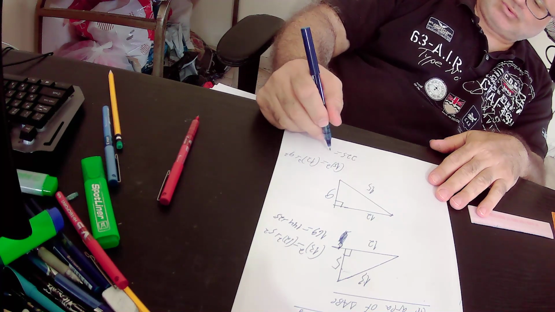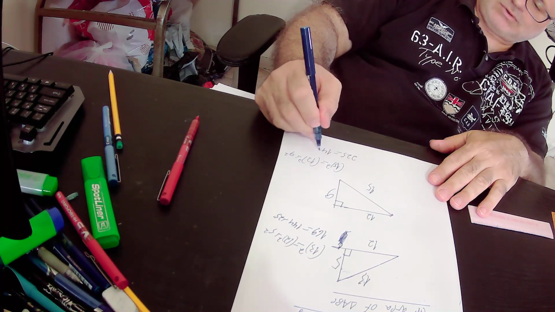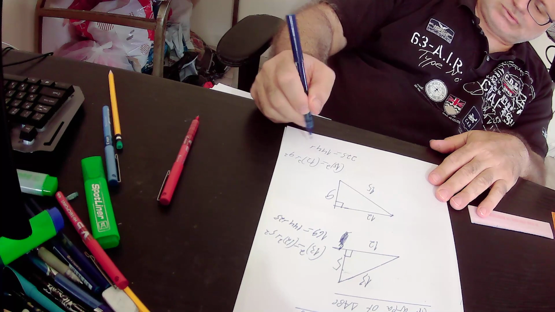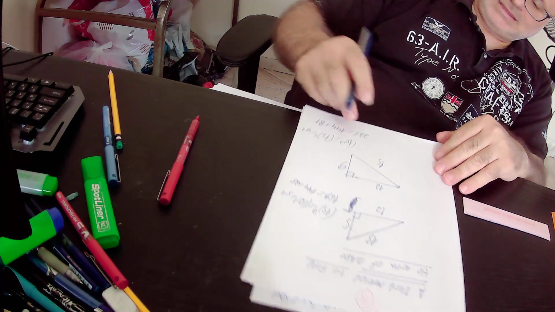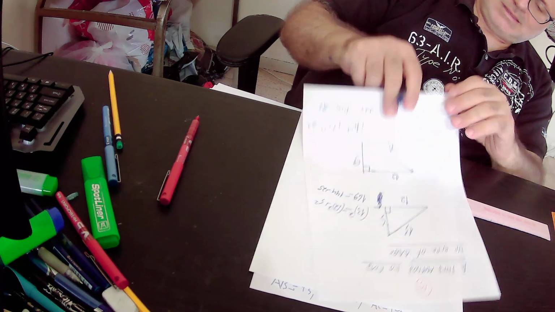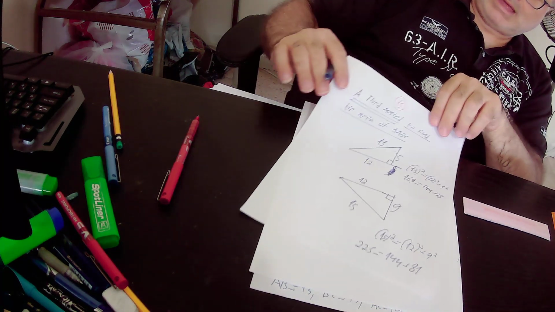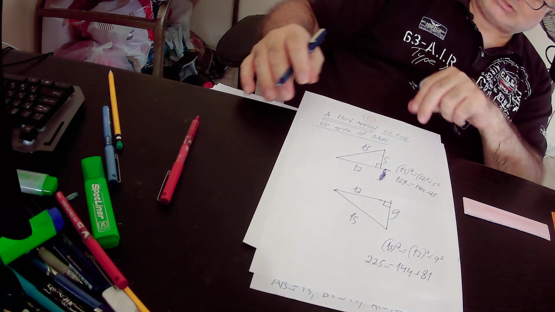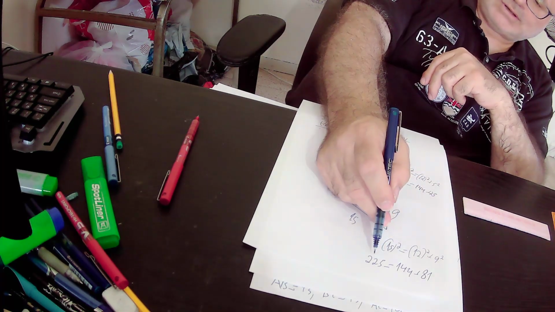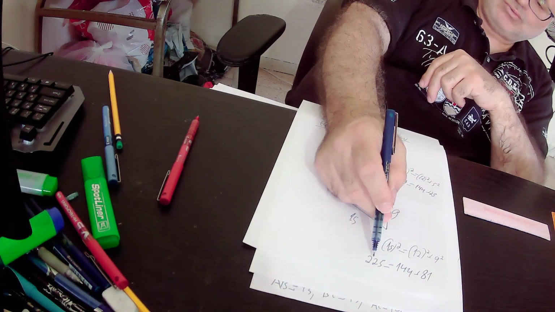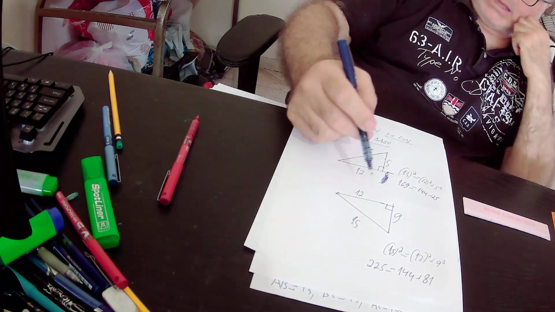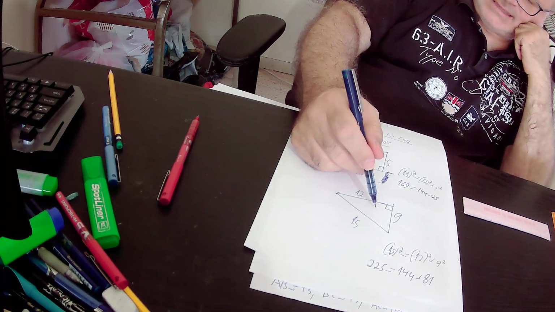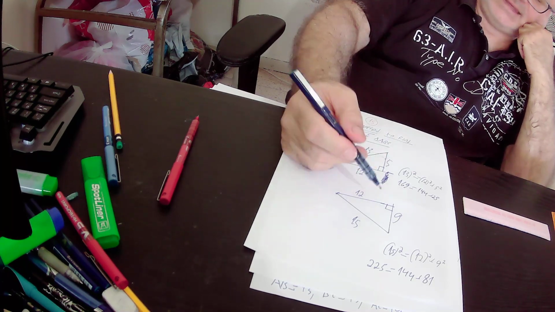That equals 12 squared is 144, plus 9 squared is 81, and indeed 81 plus 144 equals 225. In this way, we proved that this triangle is a right triangle.